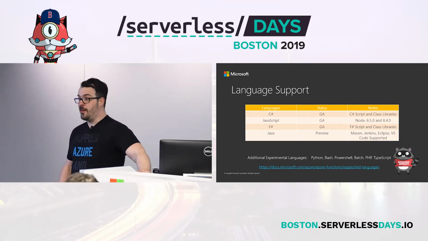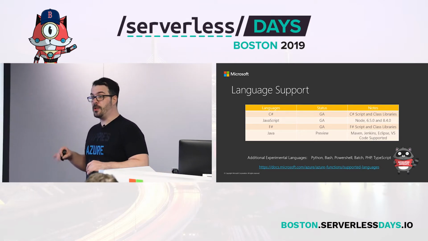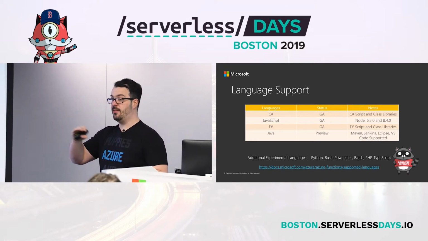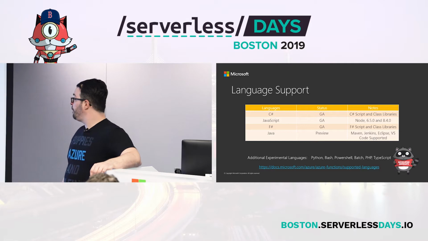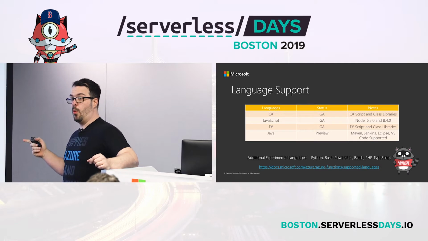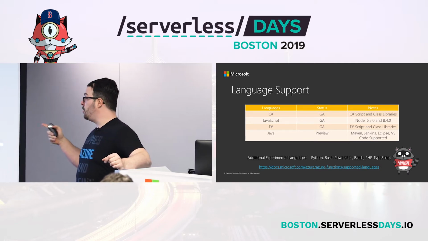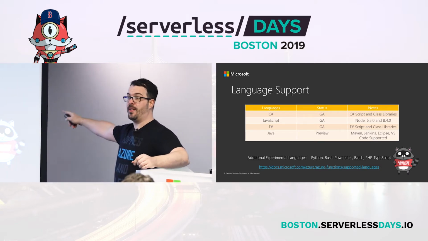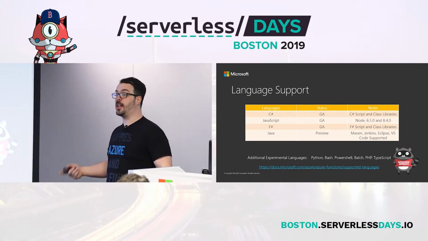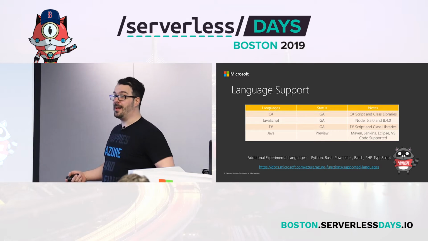So you just search Azure Functions supported languages, press Enter in Google, and the first link at the top is it. It's our docs. You will have everything from what is GA, what is preview, and what is experimental. We have those experimental languages here, so what does experimental mean to your business? Because if you're not going to get any support, it would be nice to know.